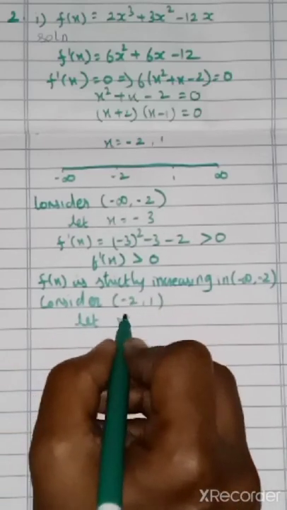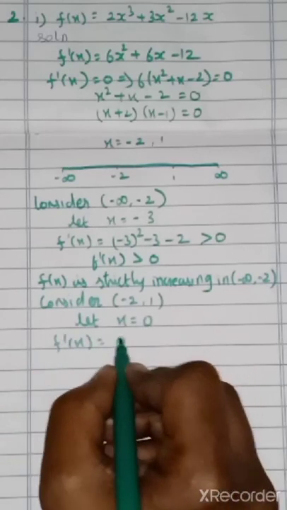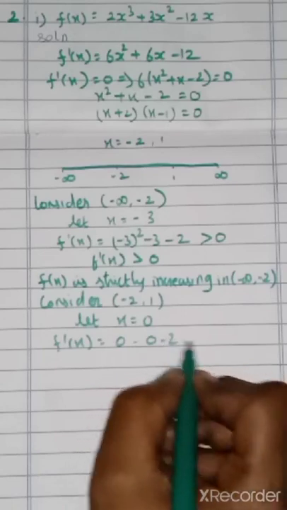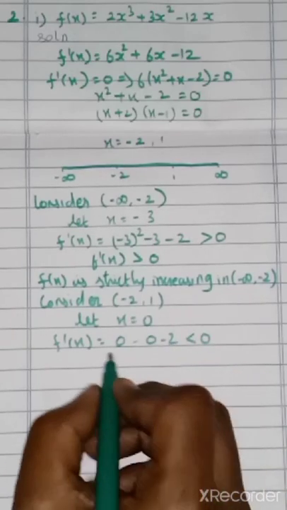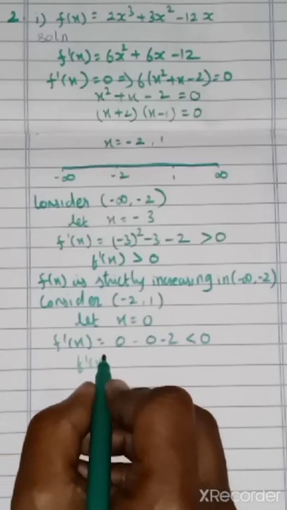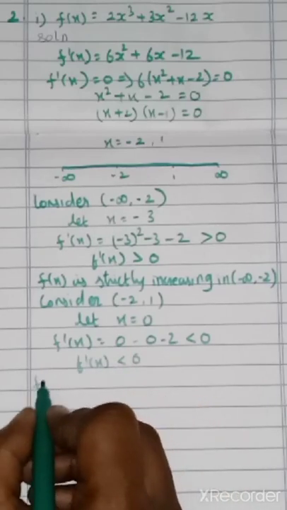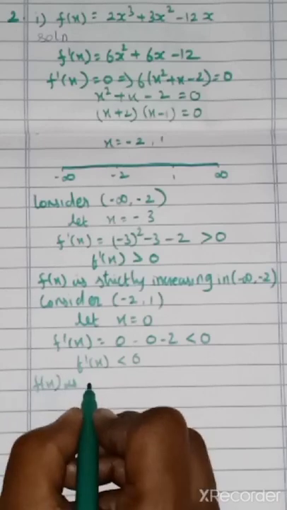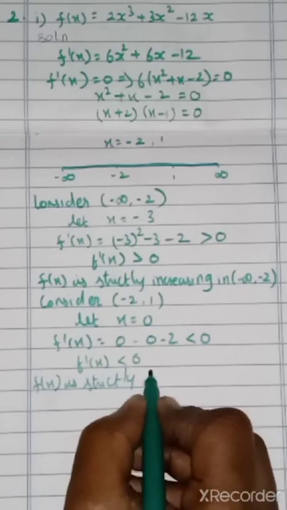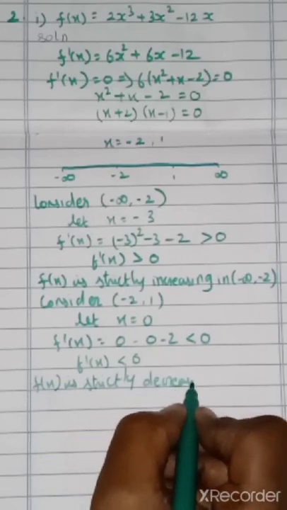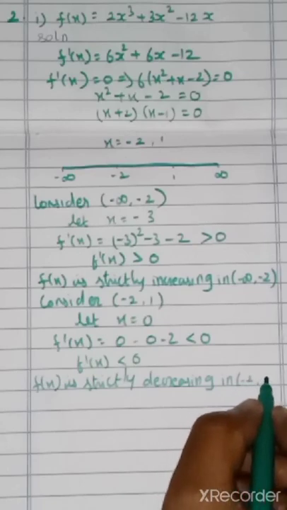What value can we take? x equal to 0. So f dash of x equal to 0 minus 2, that is minus 2, which is less than 0, correct? So f dash of x is less than 0. So less than 0 kidaichaa decreasing function, strictly f of x is strictly decreasing in minus 2 comma 1.